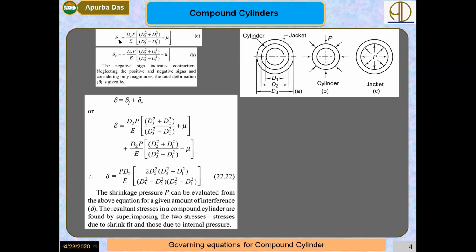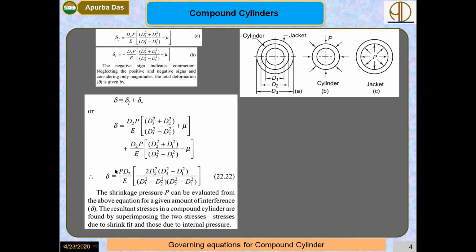So we will go to the next. We have derived delta J is this and delta C is this. Delta J is the deformation of the jacket, which will be positive, and delta C is the deformation of the cylinder, which will be negative. If we neglect the negative sign, we get the magnitude. So total deformation is equal to delta J plus delta C. If we add this and this, we get this term.